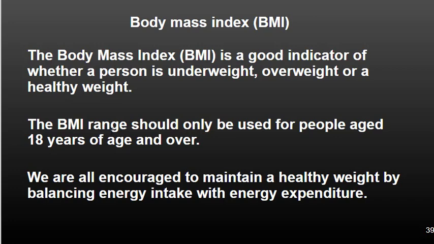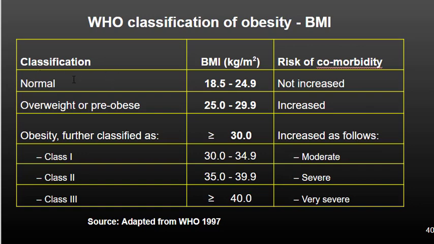So according to the World Health Organization, we should be aiming for a body mass index of between 18.5 to 24.9. And that gives us a healthy weight, which would mean no increase in the risk of death. Okay, we need to be concerned when our BMI goes above 30, particularly when it goes above 35, to class 2 obesity, because then we're significantly increasing the risk of death as a result of our weight.